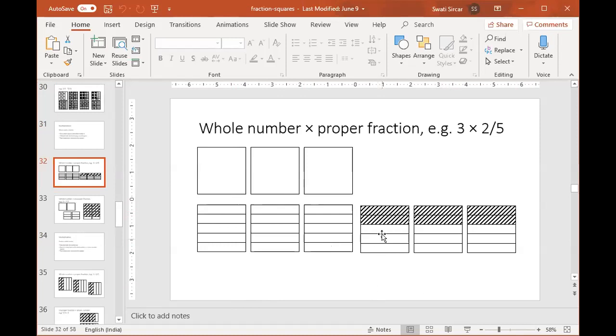So you end up getting 3 times 2 divided by 5. You can see that there are 3 times 2 pieces. So 3 times 2 is the numerator, and 5 of each piece make up the whole, so 5 is the denominator.